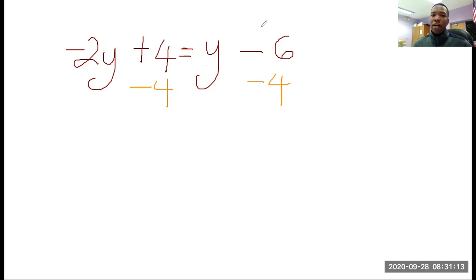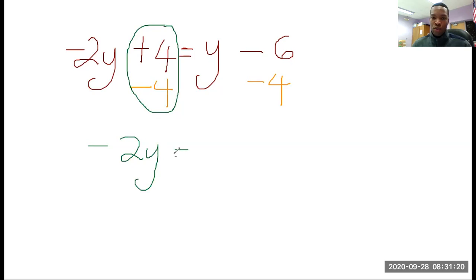Like we said, this is 0, so we don't have to write it back. So it's really just saying minus 2y equals y, and then minus 6 minus 4 is minus 10. If you put that on your calculator, you'll see that it's minus 10. Now, I need to get this y over to the other side. Since it's a positive y, I have to minus y.